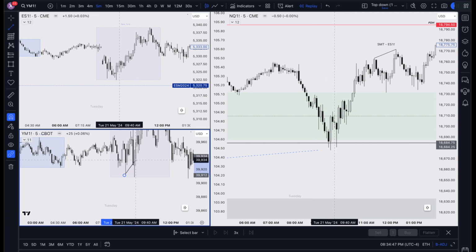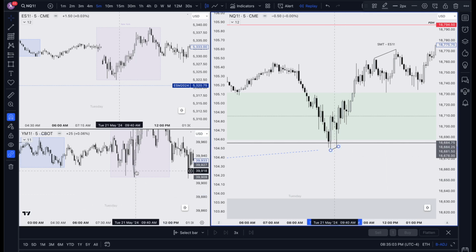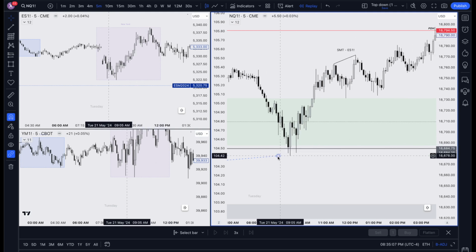It's right in there. It's actually this candle. Okay, cool. Lower time frame SMT again, it doesn't really matter. It's not the most important thing, but it's nice to see that, right?